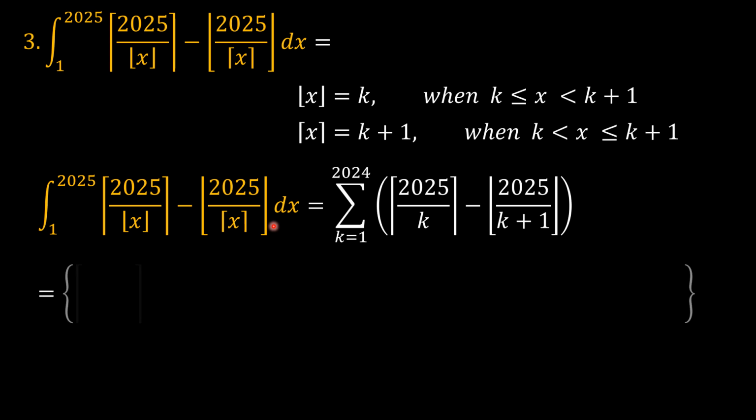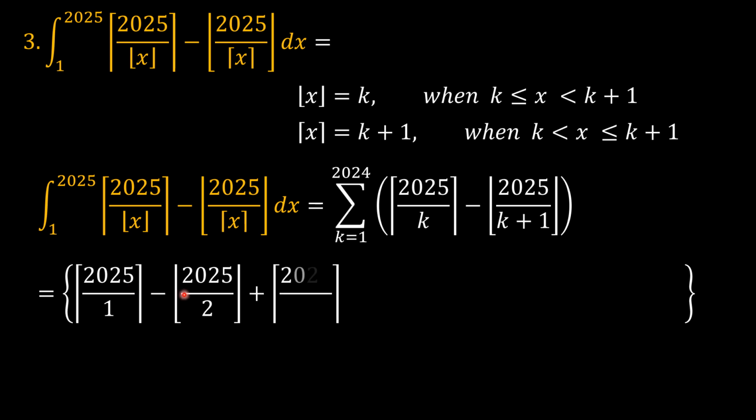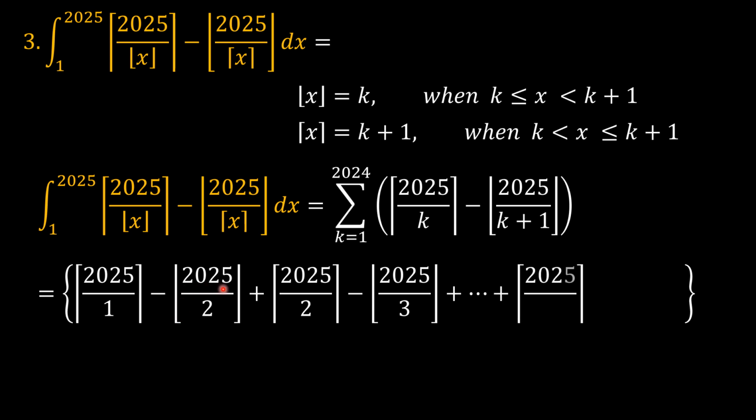Now we have to express this just to understand what is happening. The ceiling of 2025 over 1 minus the floor of 2025 over 2, plus the ceiling of 2025 over 2 minus the floor of 2025 over 3, and so on up to the very last, where we have the ceiling of 2025 over 2024 minus the floor of 2025 over 2025.